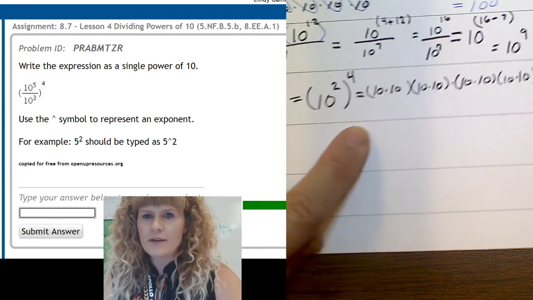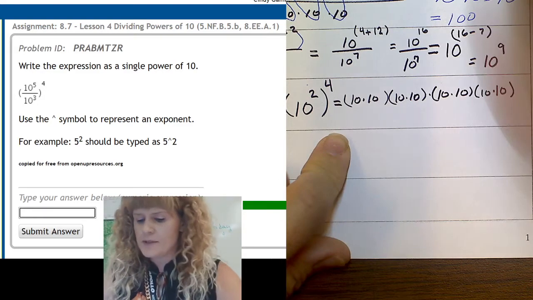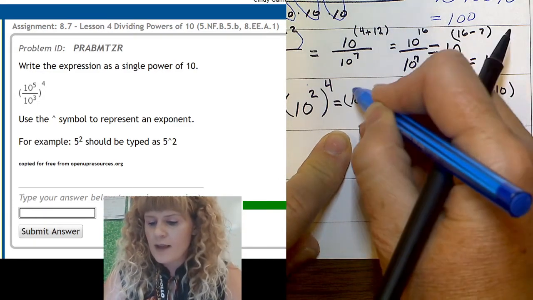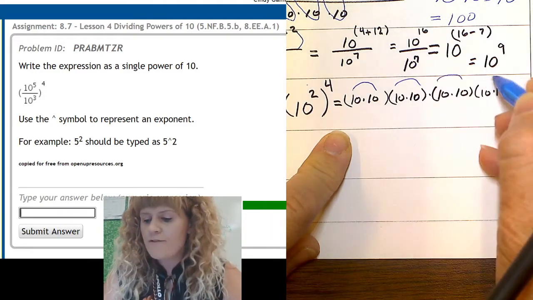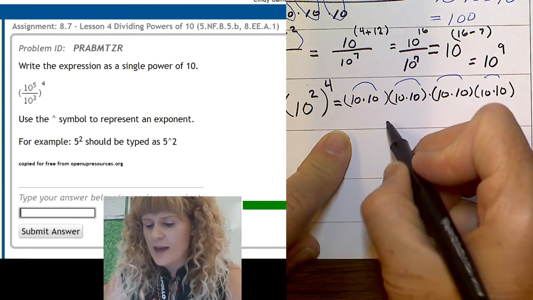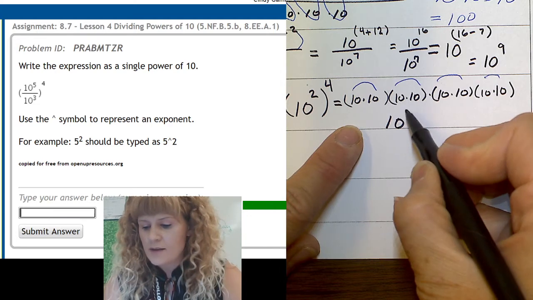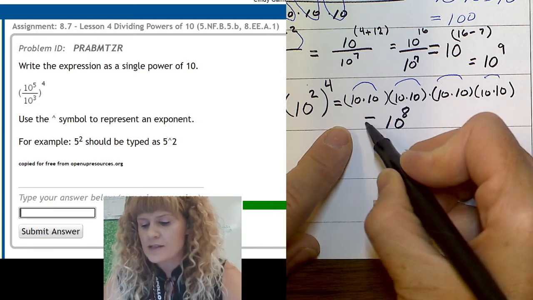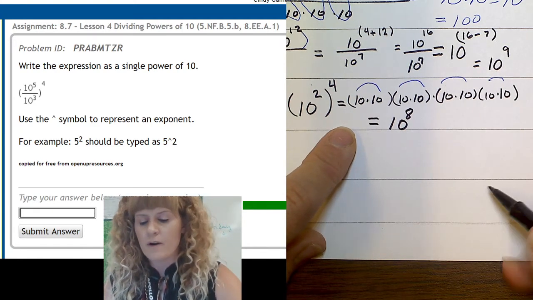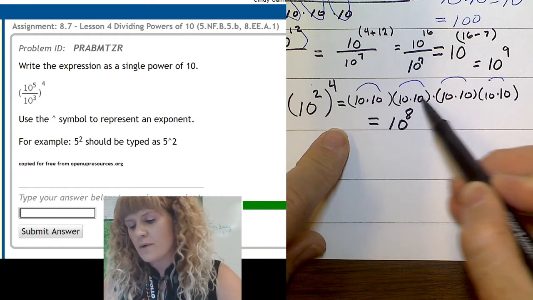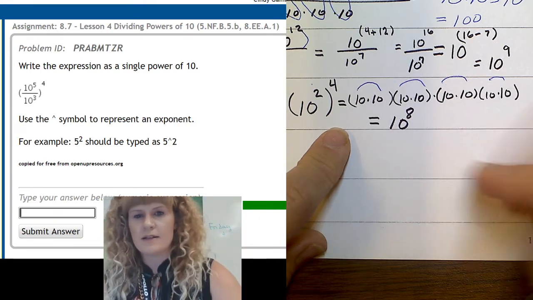If you write it out in expanded form, it helps you see what's going on. So we have 10 to the 2nd power 4 times. And if you count that up, we are multiplying 10 8 times. So it simplifies to 10 to the 8th power. 1, 2, 3, 4, 5, 6, 7, 8.